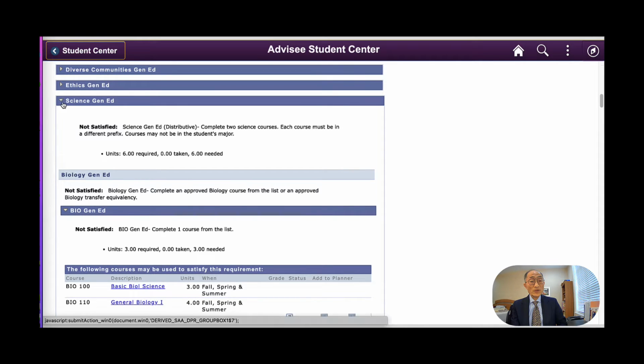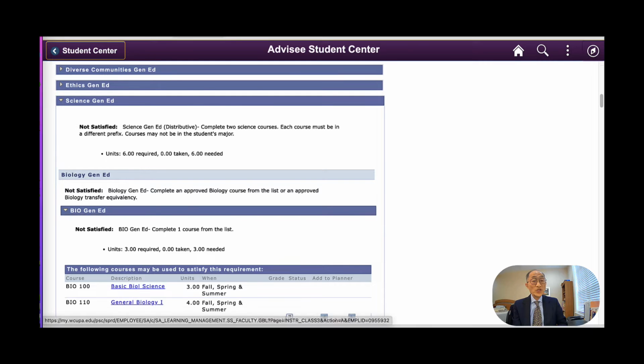And for groups that are not minimized, like this science gen ed, it is expanded. It says not satisfied. And it tells you about courses or credits you need. 6 required, 6 needed. That means you haven't taken any of these.